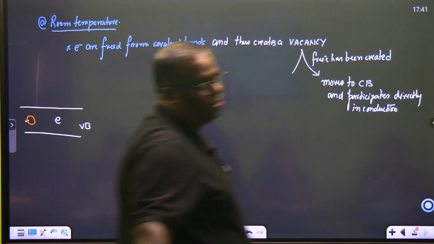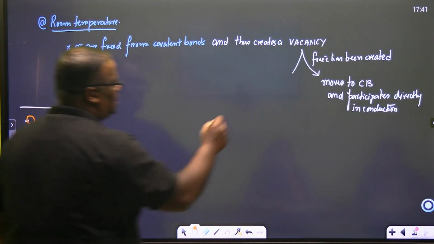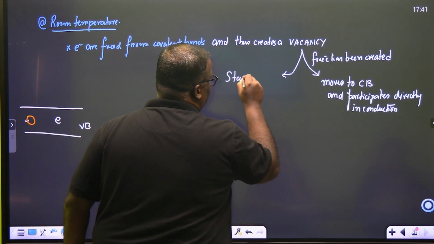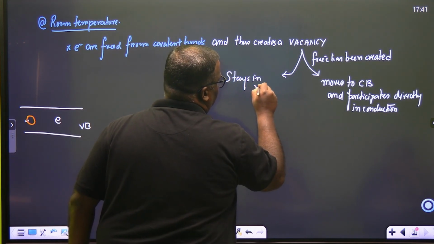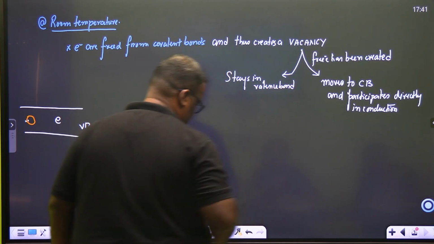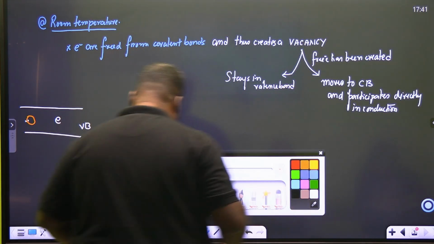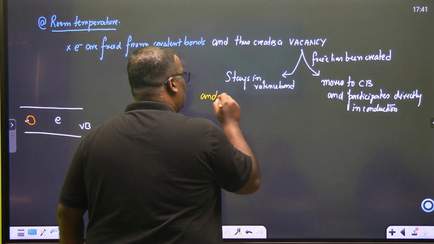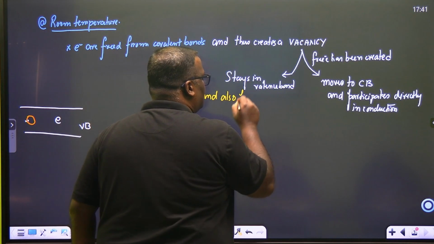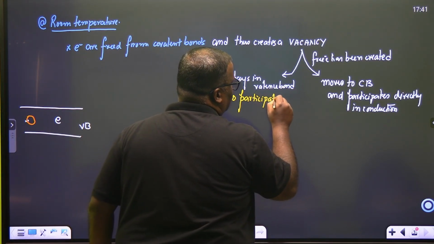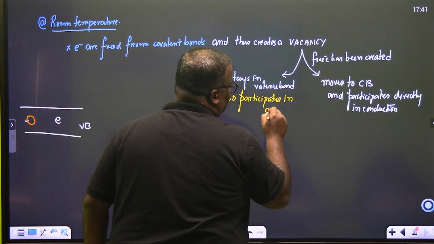This is easy to understand. The trick is this part. The trick is the other part. It stays in the valence band, and also participates in conduction.